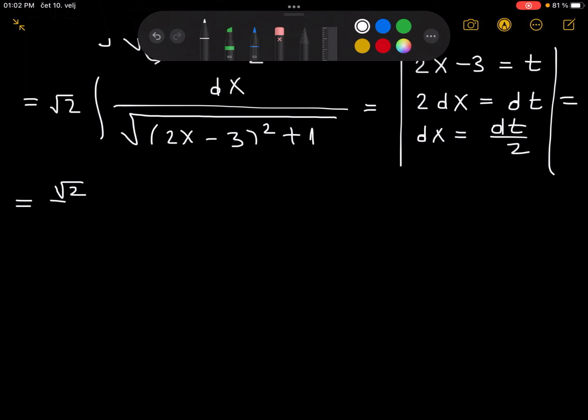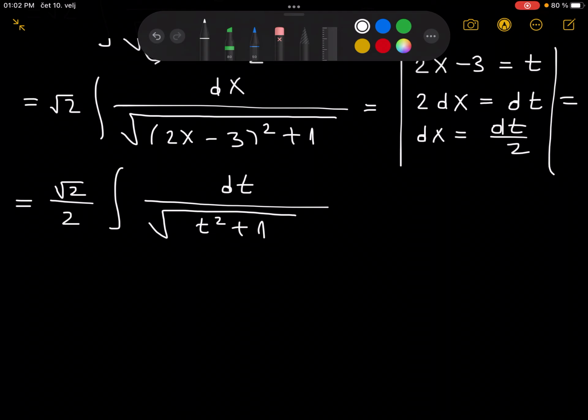So the square root of 2 over 2 times the integral of dt over t squared plus 1. Okay, and this is a pretty nice integral, I'd say. So how would you go about solving this integral?